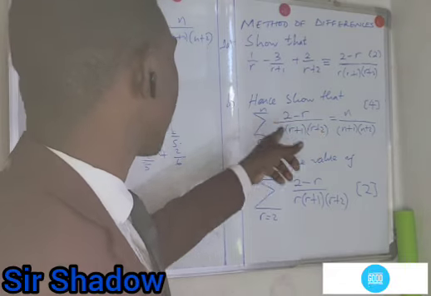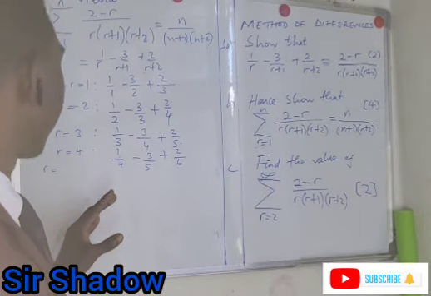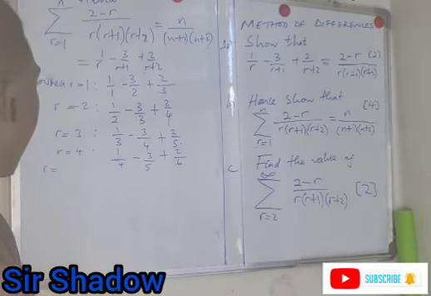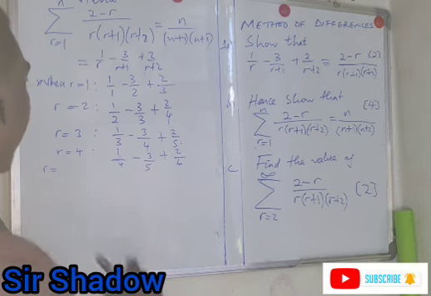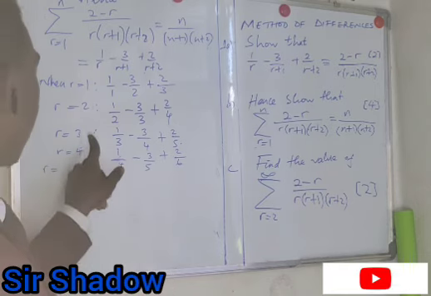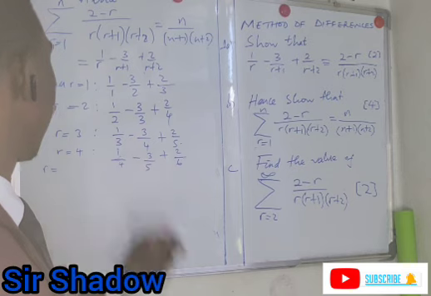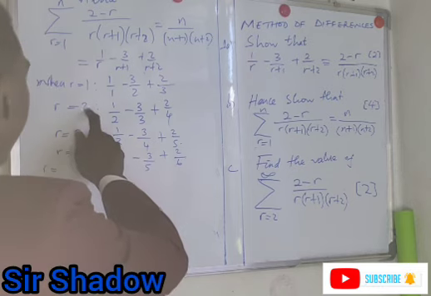Then remember, we want to find up to the nth value, right? So for the nth value, we can use this highest power, or this one.